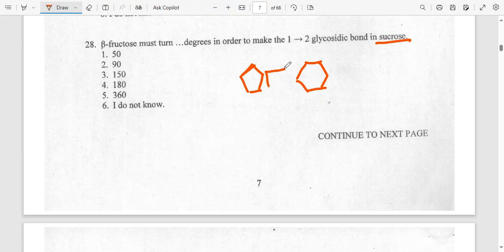When these two bind, look at how it's going to look next. Can you notice how it has gone? It was looking up, it's now looking down. This is how you form the bonds in this molecule.